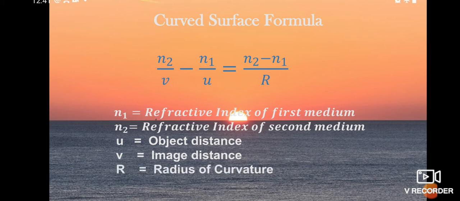radius of curvature. And this is very important: they will ask you to write the curved surface formula and explain the terms in it. So make these notes very carefully, students.